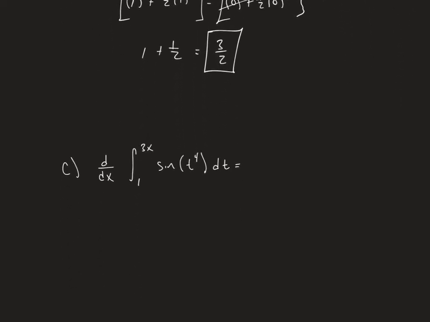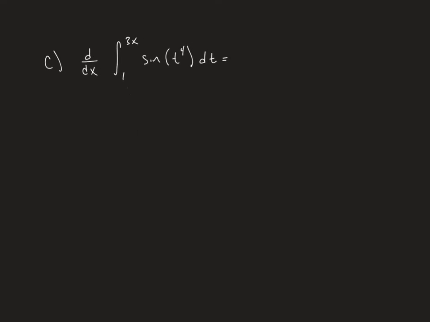Okay, and finally c. So c is a derivative of an integral. And we should remember the fundamental theorem of calculus part 1, which says that if f is continuous on a to b, then if you've got a function g of x that equals some integral from a to x of a function, then this function is continuous on a to b, it's differentiable on a to b, and g prime of x is going to equal f of x.